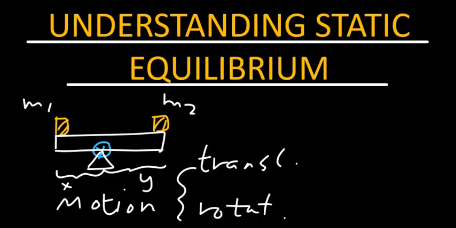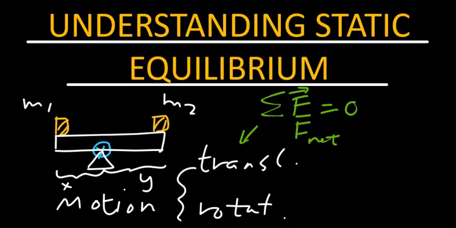If this system is to be perfectly still, then we know from our discussion a few minutes ago that since there is no translational motion involved, the net force, or the sum of all the forces acting on this system, has got to be 0. In other words, the net force acting on the system is 0.